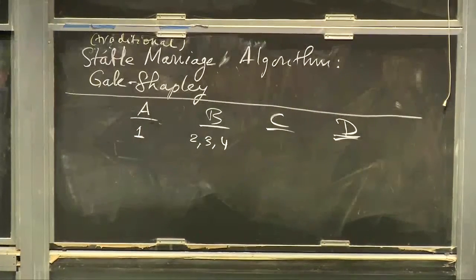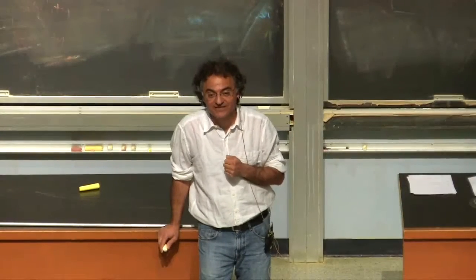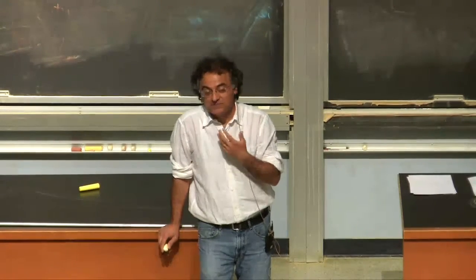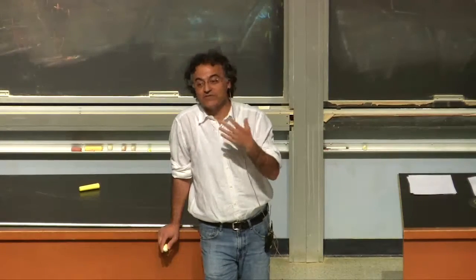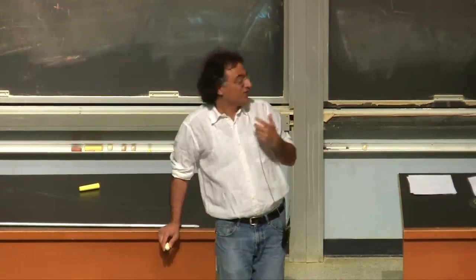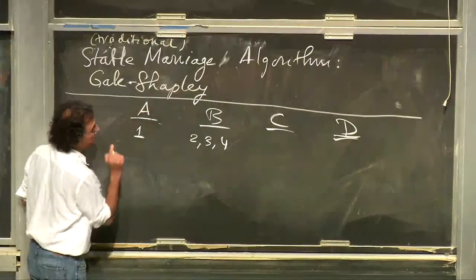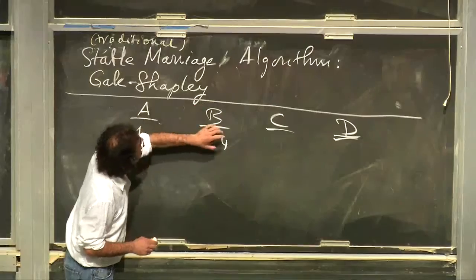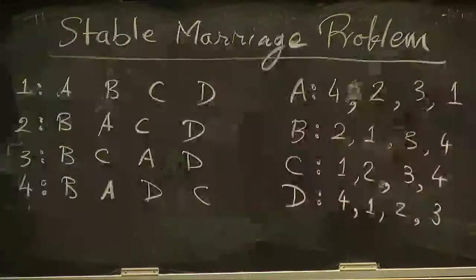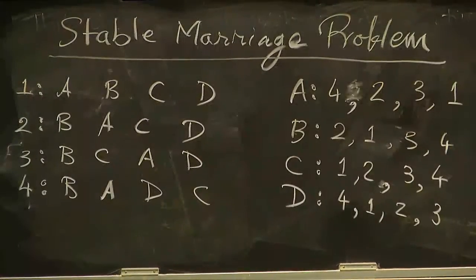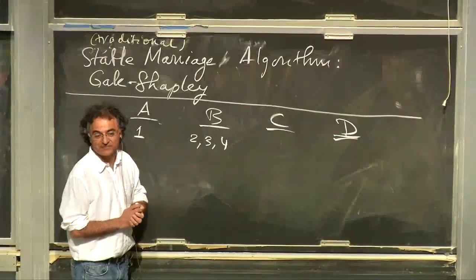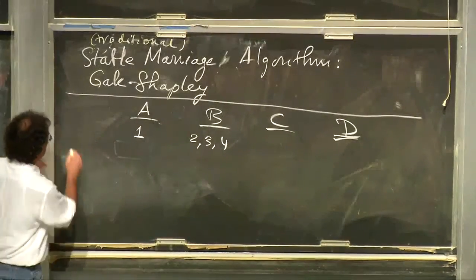The woman says, maybe come back tomorrow. At this point, the technical term is she has him on a string. So A says to 1, maybe, come back tomorrow. B has a choice. B has 2, 3, 4, so she looks at her list, and 2 dominates 3 and 4. So she says to 2, maybe, come back tomorrow. To 3 and 4, she says, never, just go away. So that's day 1.